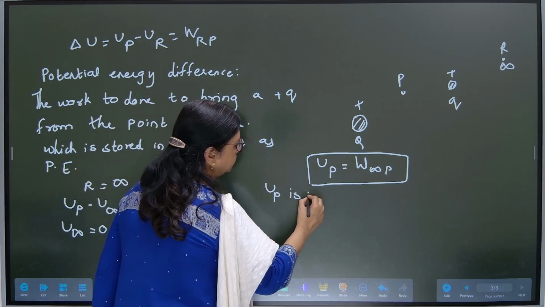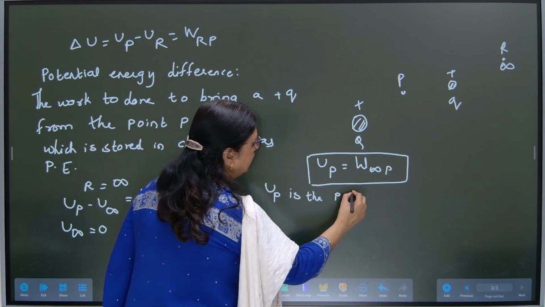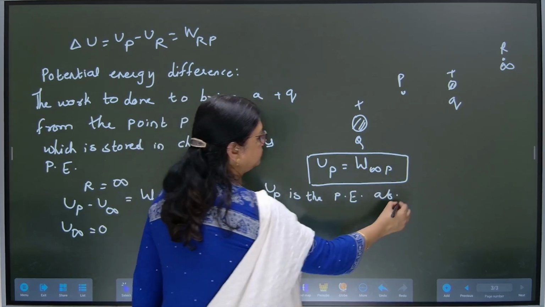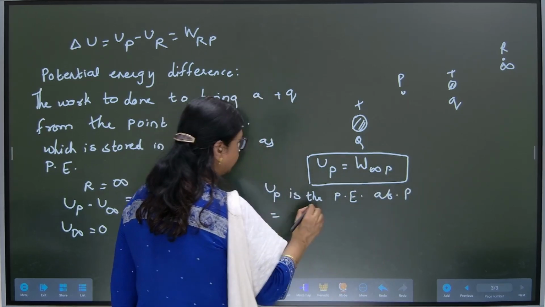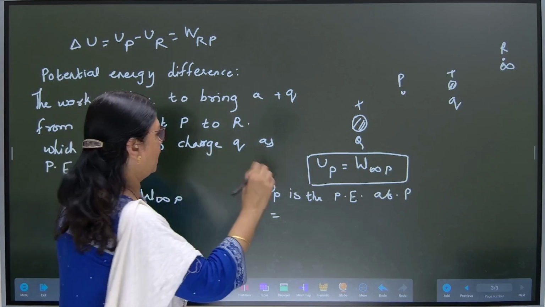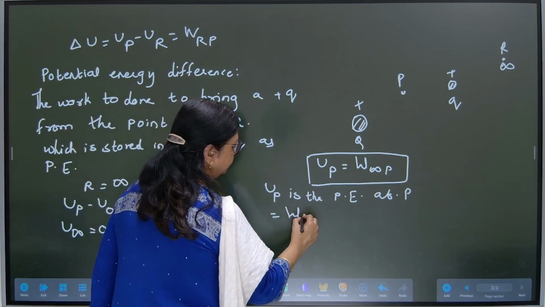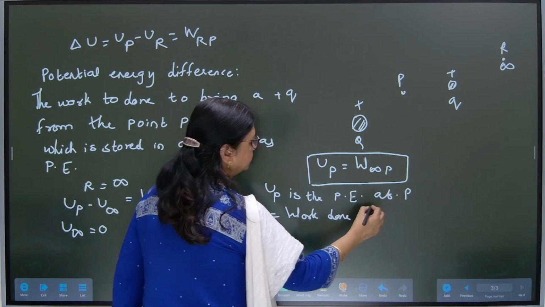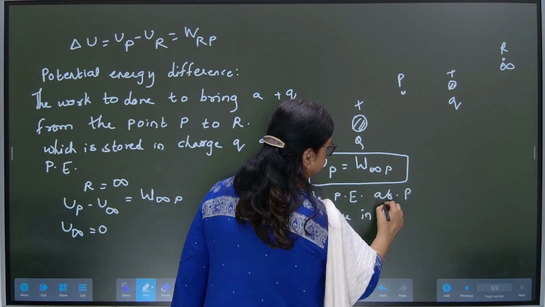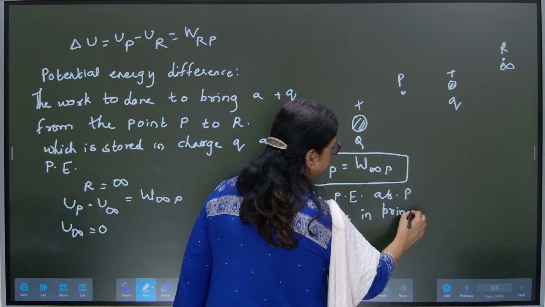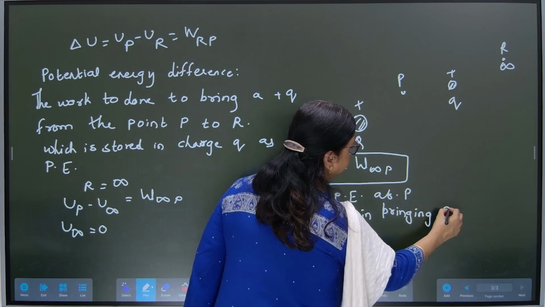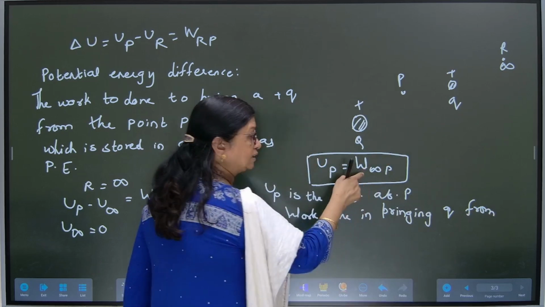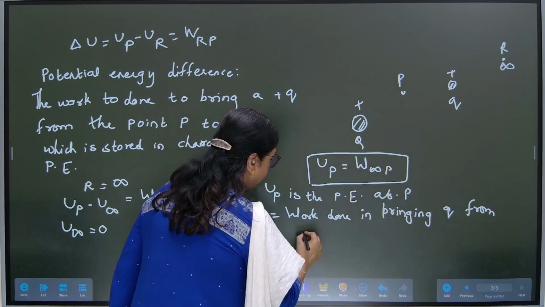is the potential energy at P, which is equal to the work done in bringing the charge Q from, first it was from R to P, now it is from where to where?